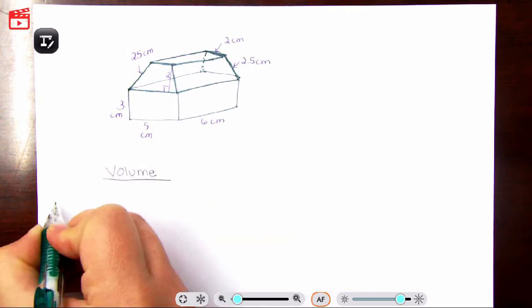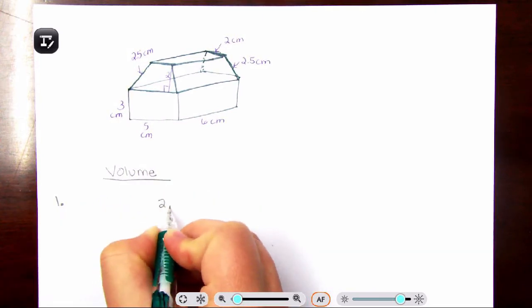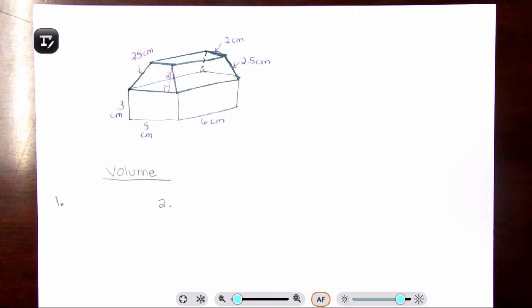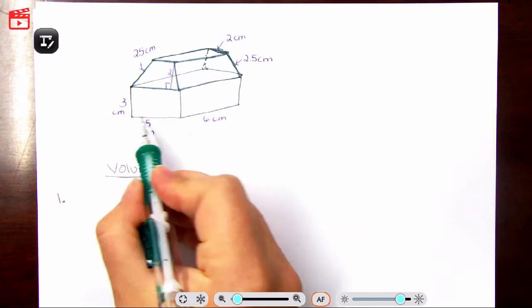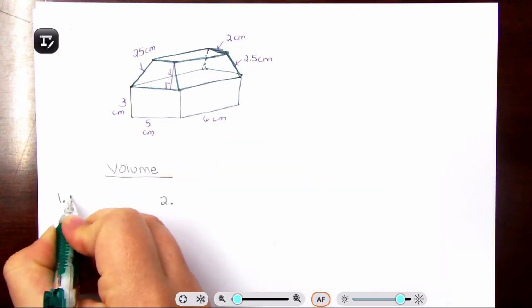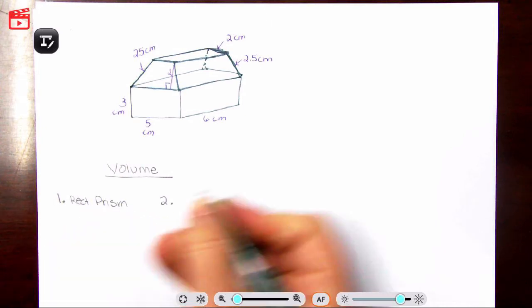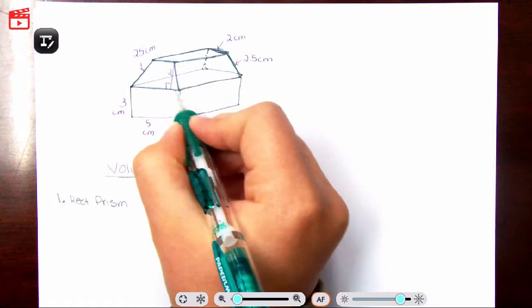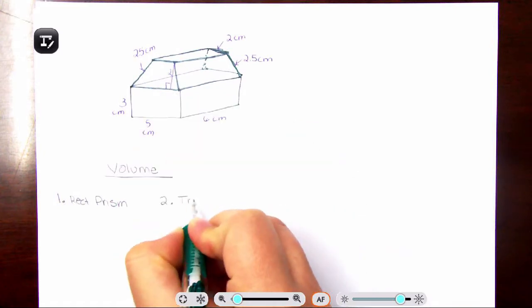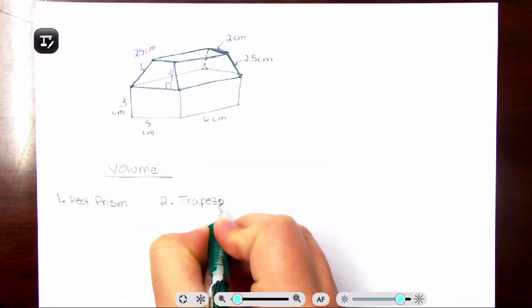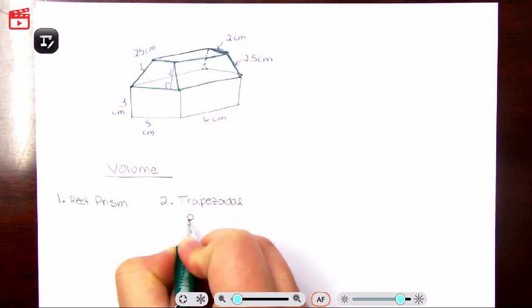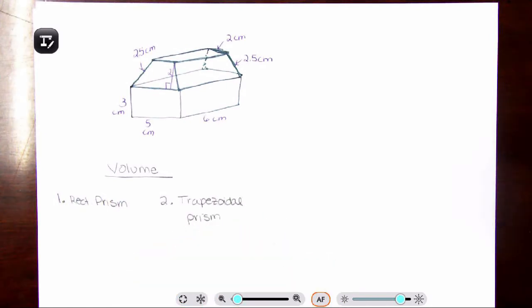So for volume, I have 2 objects. I have a rectangular prism, and on top of it, I have a trapezoid. Okay, so I have 2 prisms.